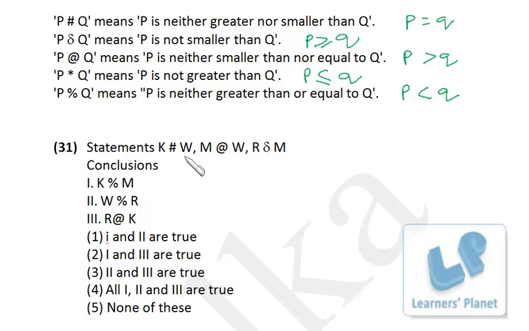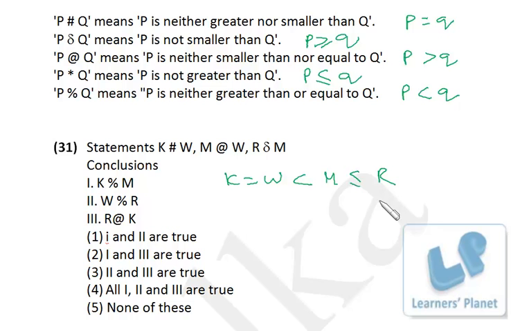Now K hash W, that means K is equal to W. M at the rate W, that means M is greater than W. R delta M, that means R is greater than equal to M. So here we are having one sequence only, R, M, W and K, since these signs are similar on the same line.